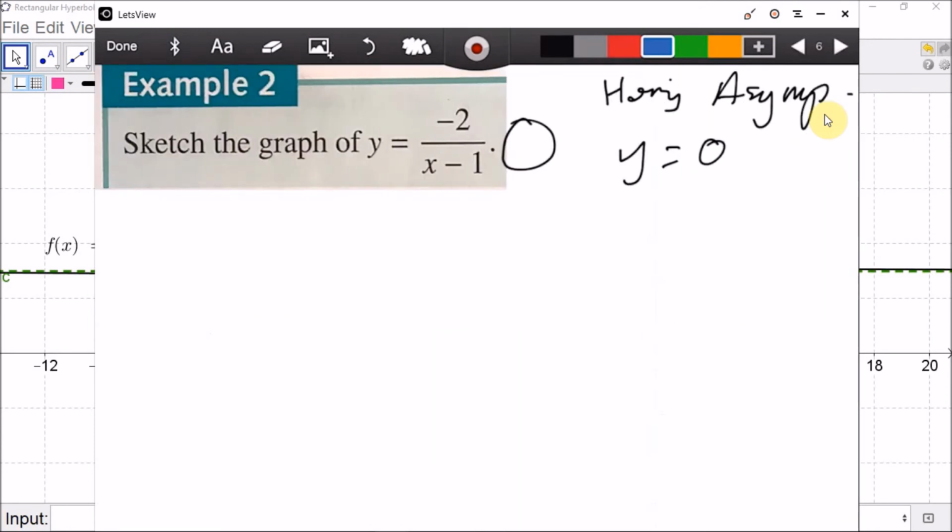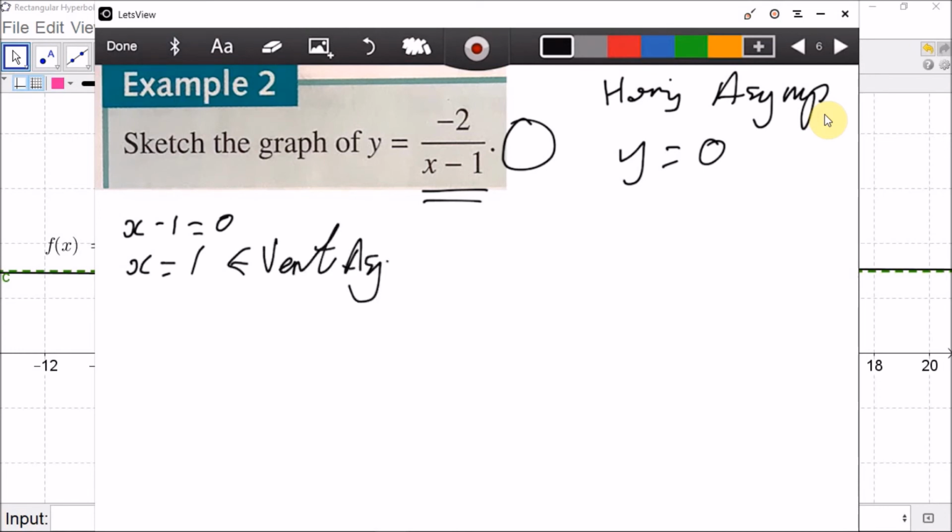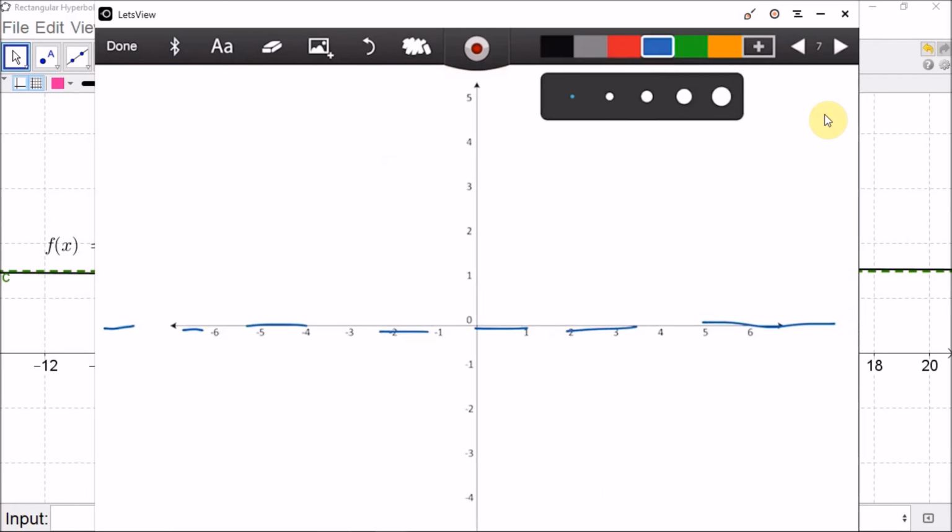All right, our x minus 1, when that equals 0, x minus 1 equals 0, add 1, x equals 1, that's our vertical asymptote at x equals 1, so let's go and put it in down here.